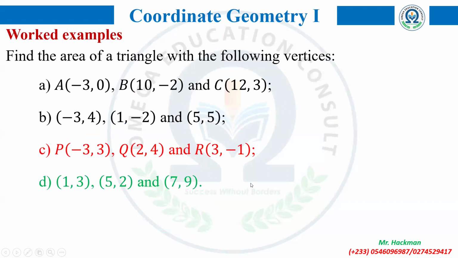So if in the question the vertices are given, please use the formula that you were just given, the concept for finding the area of the triangle. Because if you want to use the other method, you have to find the base and you have to find the height. And since you are going to find the base and the height, any of them could be wrong.